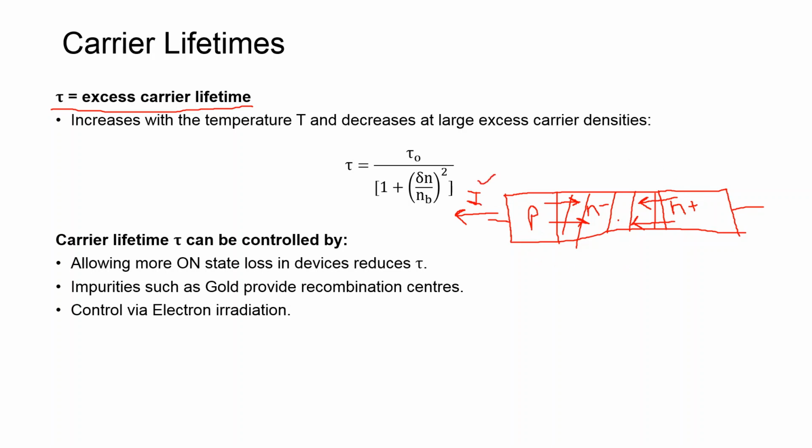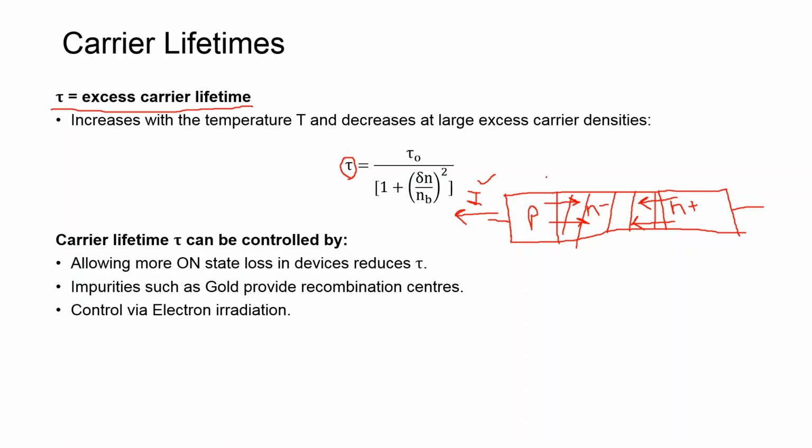We have to allow some time for this drift region to get rid of these excess charge carriers. So these excess charge carriers will recombine with the opposite charges, and when this is clear of these excess charge carriers, then only we can switch off this device. So tau plays an important role here.